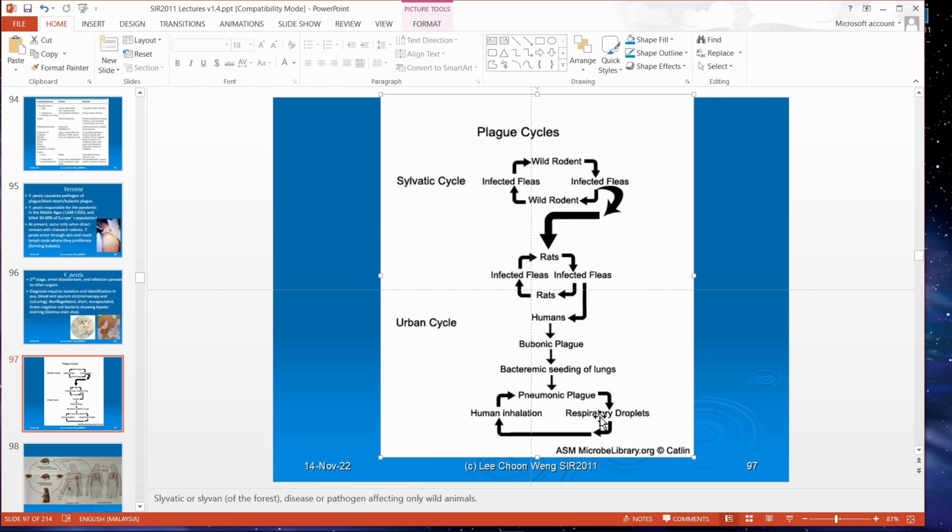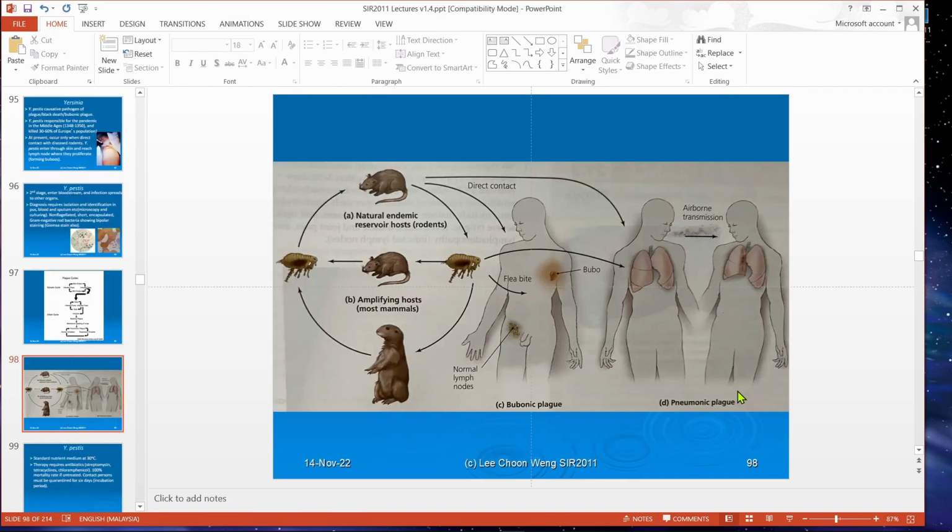That's where the infection rate spikes, which means breathing, coughing, then inhalation of the aerosols. That's why it is dangerous.